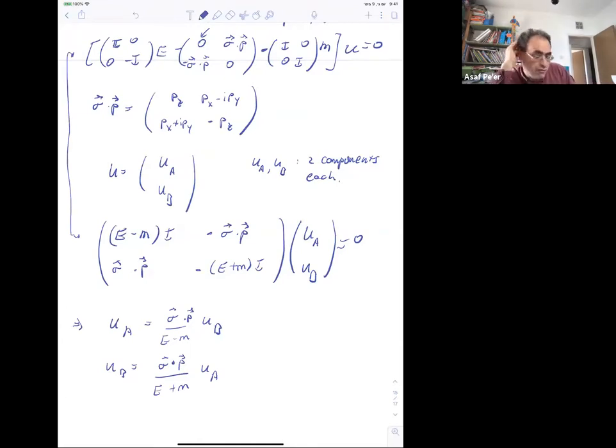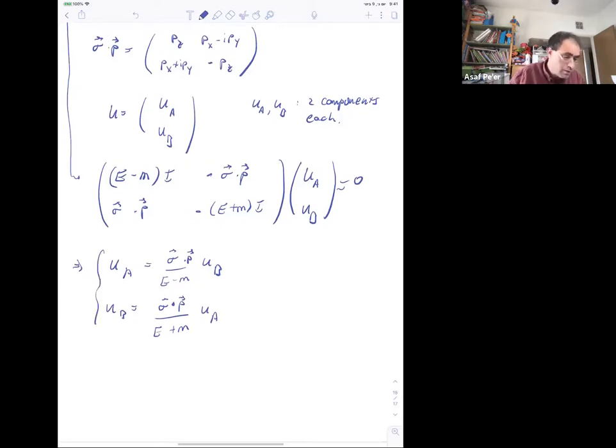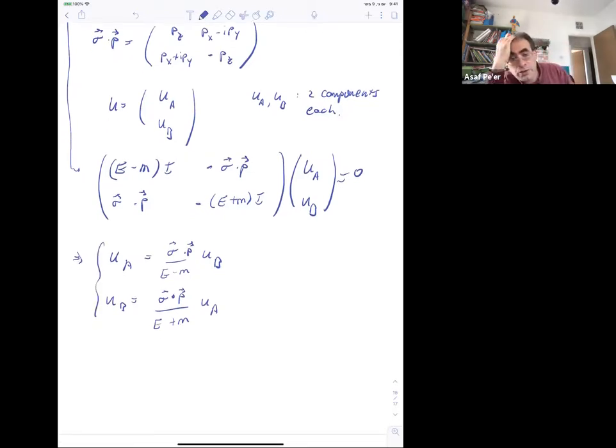Okay, so we have a total of 4 solutions to the Dirac equation, as we just saw previously. Now we need to obtain them. In order to obtain them, we can simply choose the 2 simplest orthogonal solutions for UA and then plug in for UB and be happy.